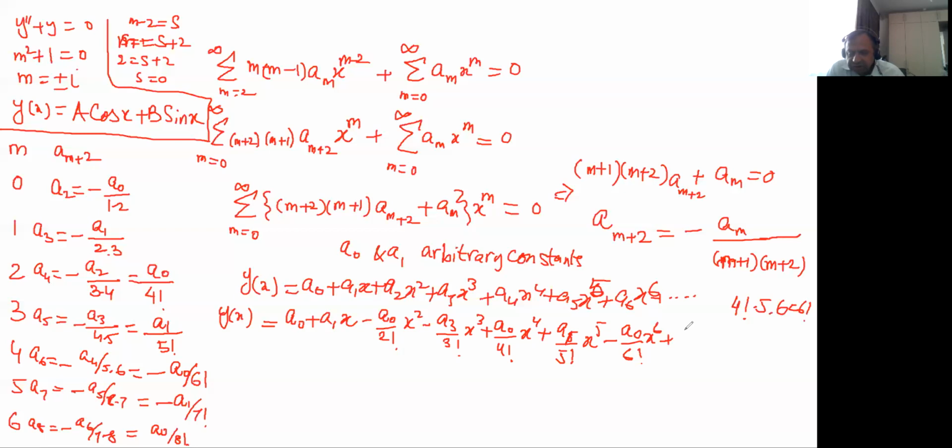The next term will be minus a naught over 7 factorial x power 7. I think that is enough. So this is the solution actually, but we can further simplify this solution.